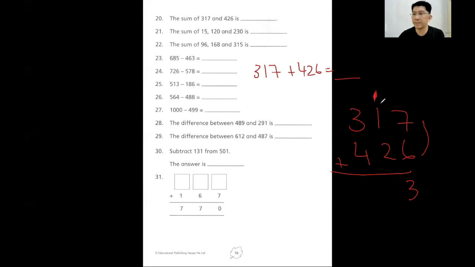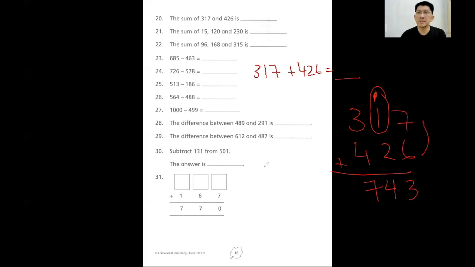So 1 plus 1, 2. Plus 2, 4. Nothing goes on top because it's a single digit, just 4. Now, finally, 3 plus 4 is 7.